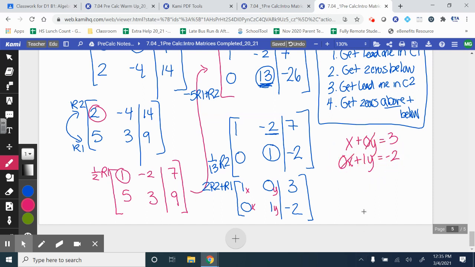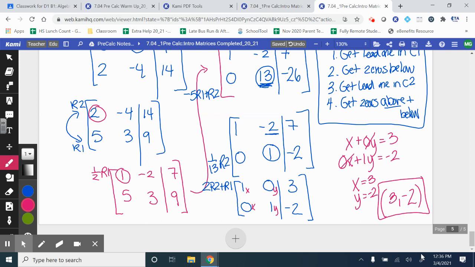Our zeros cancel, so we know x equals 3 and y equals -2, for our solution of (3, -2). And yes, sometimes it is just easier to use your equations, but sometimes it's easier to use this process as we get a lot more variables involved. So we're going to practice it on smaller ones so that we can apply it to even larger matrices.